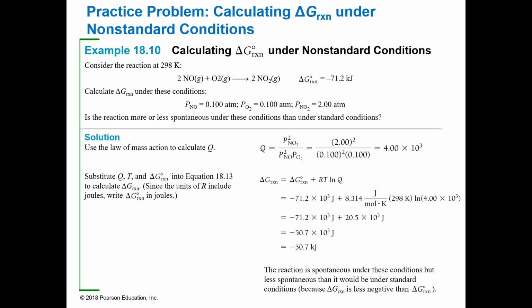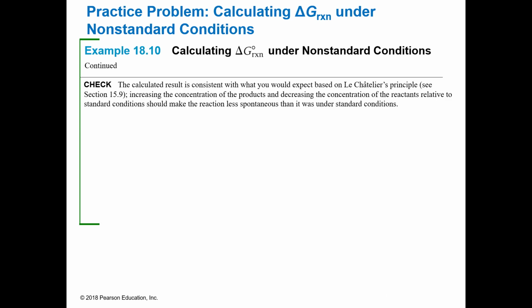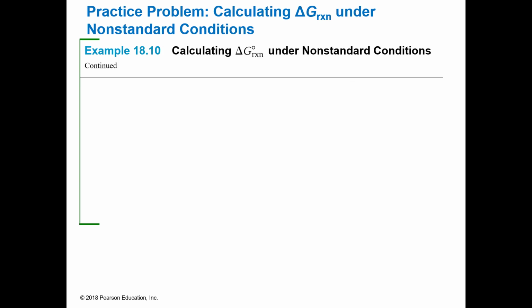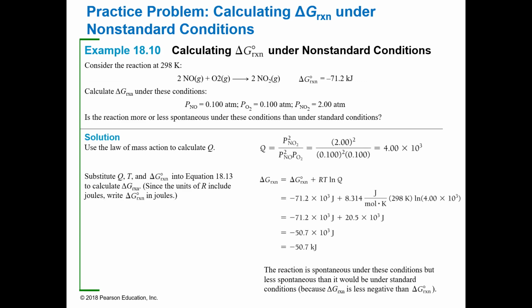So that tells us that these non-standard conditions are not as supporting of the reaction going in the forward direction, right? So this is just saying what you could look at. Let's go back to that reaction again.